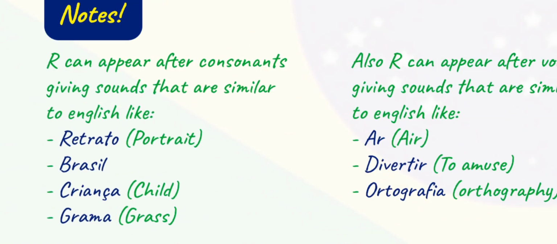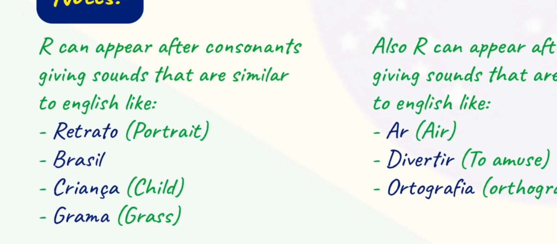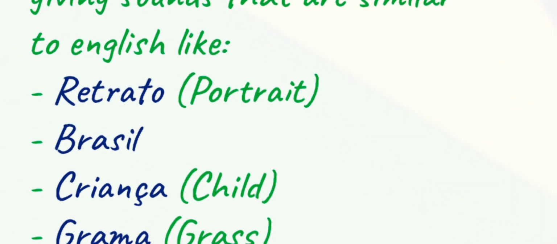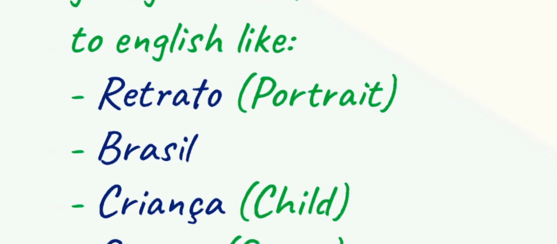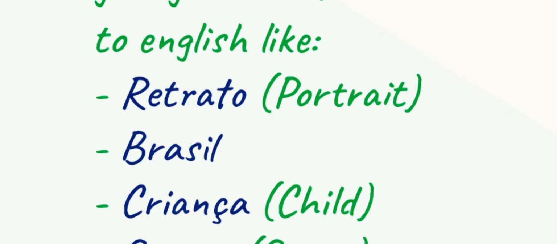Two notes here. The first one is that R can appear after consonants, giving sounds that are similar to English, like retrato, that's portrait. So portrait, retrato. We use the R of Latin. And I chose this word because we can see the R with the sound of he, and the tra in retrato.